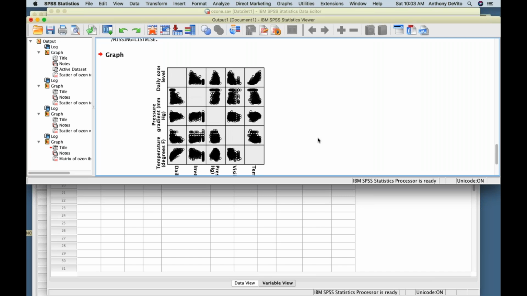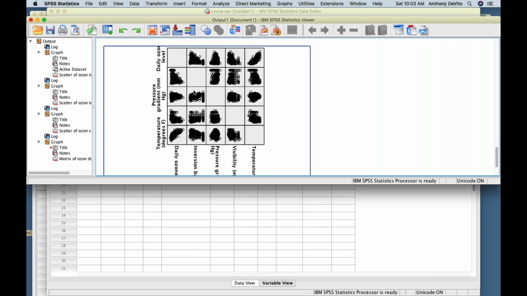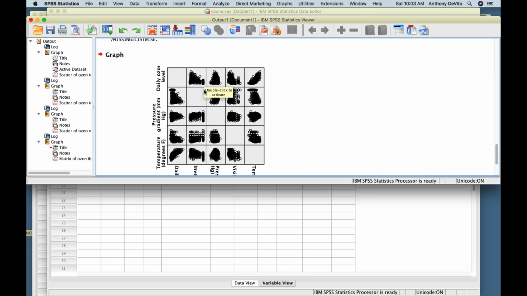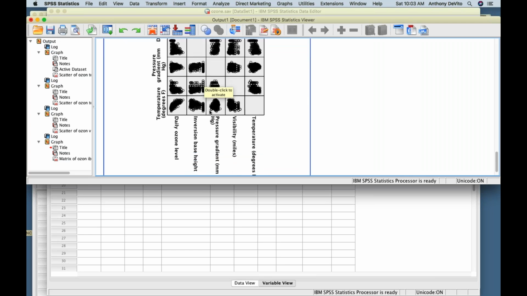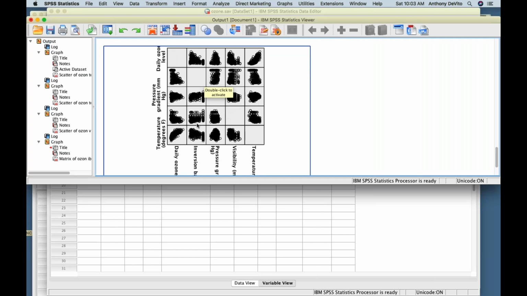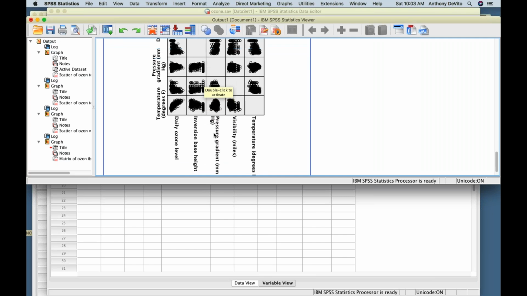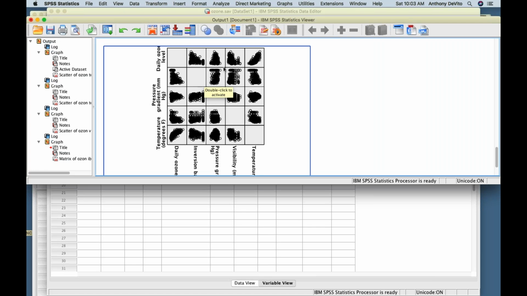So this actually is allowing us to look at the daily ozone layer in relation to the distribution of the data for the inversion base height, the barometric pressure, the visibility, right?